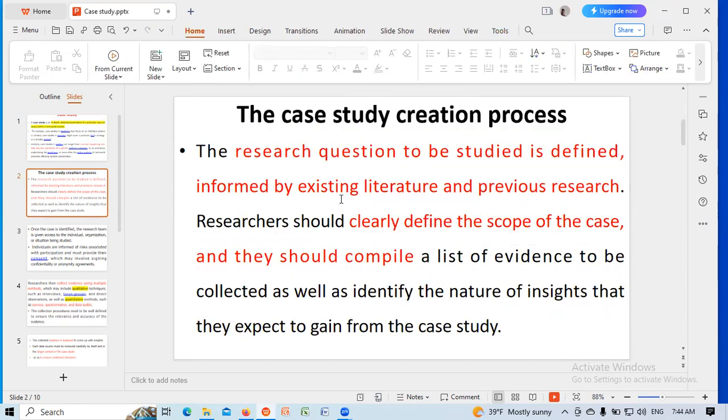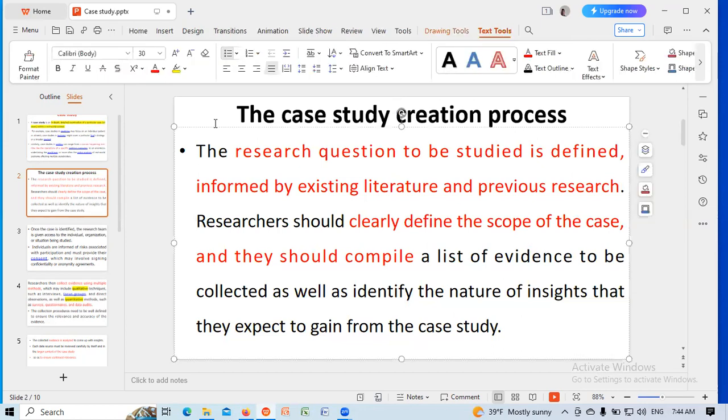In the case study creation process, the research question to be studied is defined, informed by existing literature and previous research.